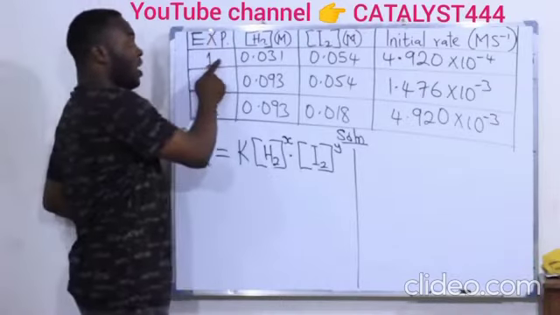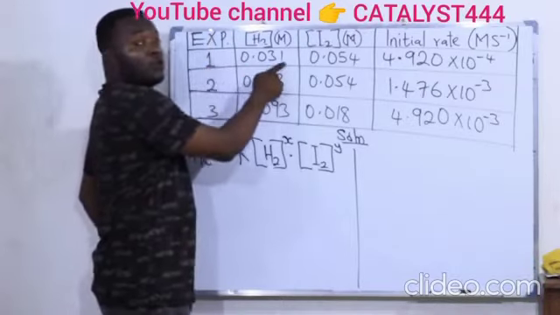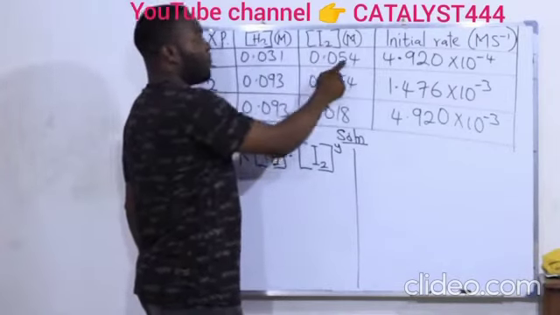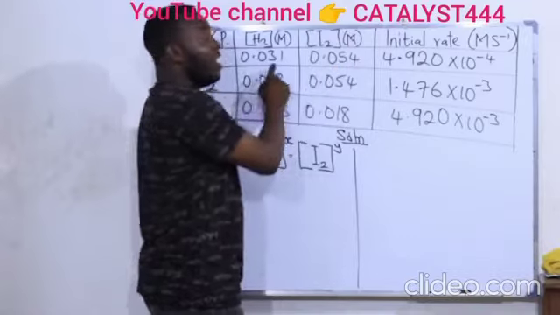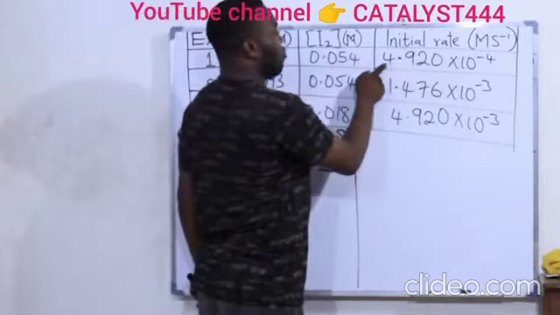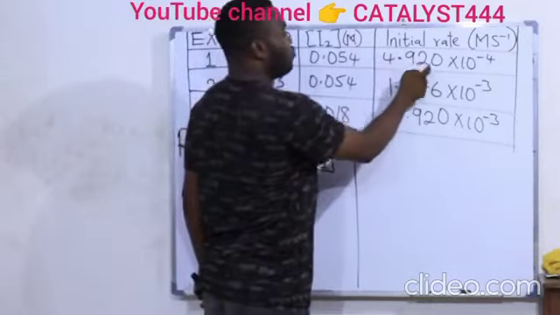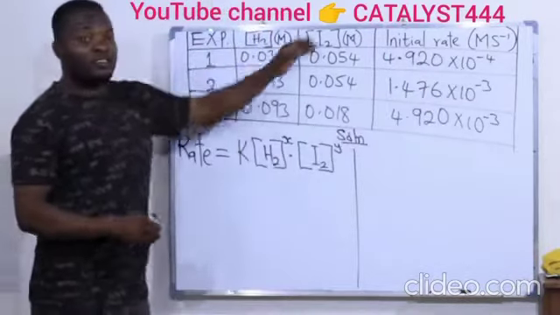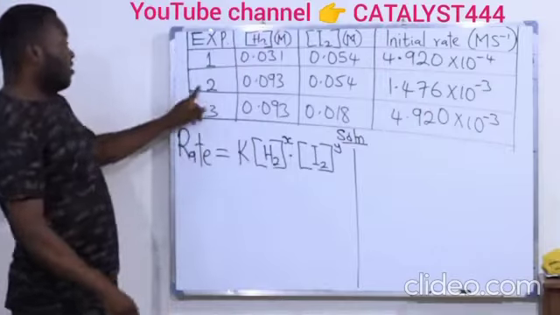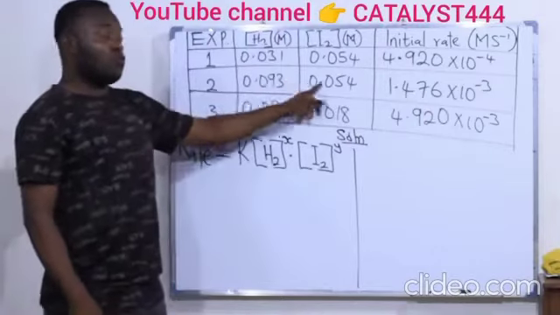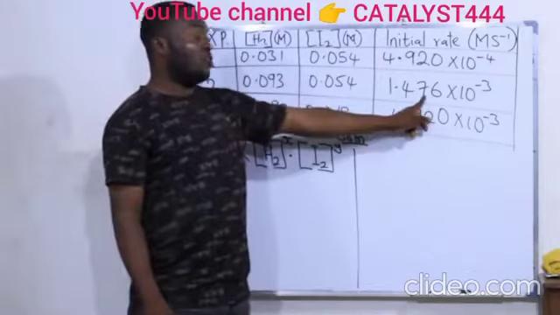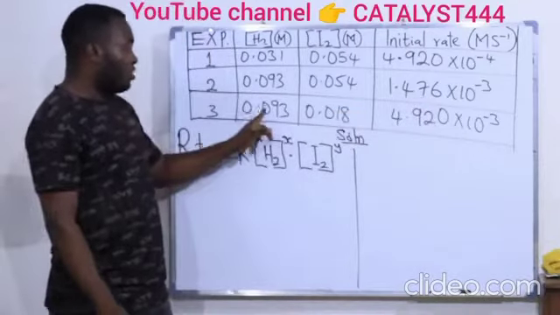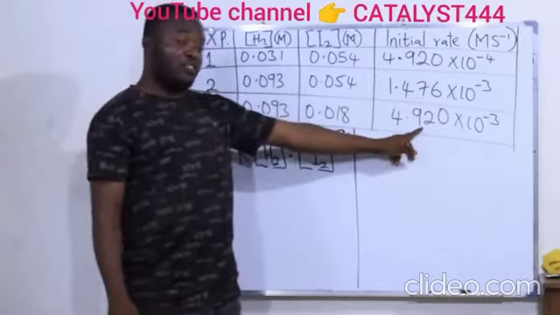In experiment 1, 0.031 molarity of hydrogen was mixed with 0.054 molarity of iodine, and the initial rate was discovered to be 4.920 times 10 to the minus 4. After that, the experiment was repeated, which is experiment 2, and these were mixed, and this was the observed initial rate. The third experiment was carried out, these were mixed, and we got this rate.